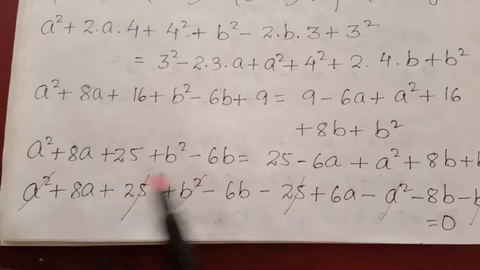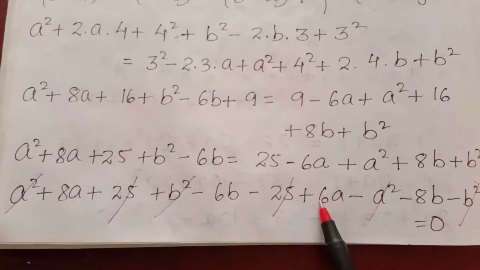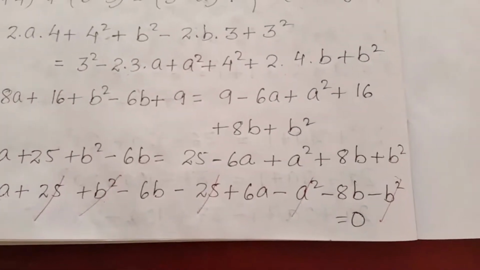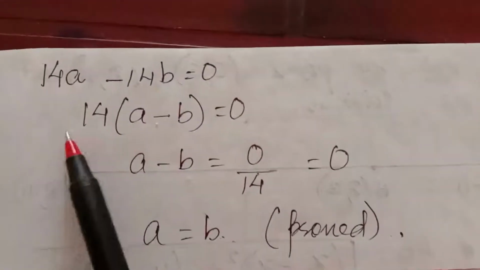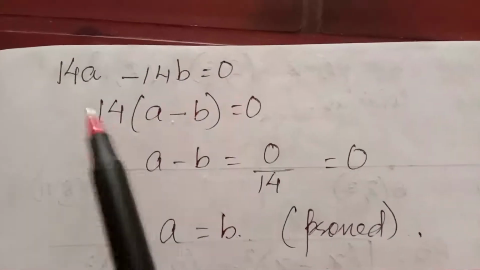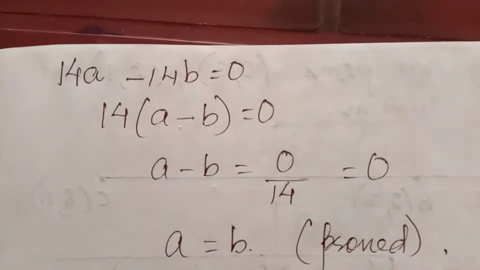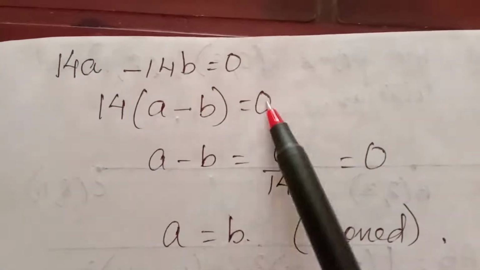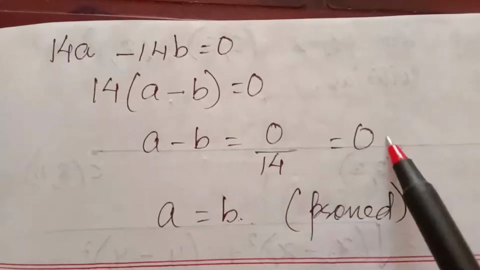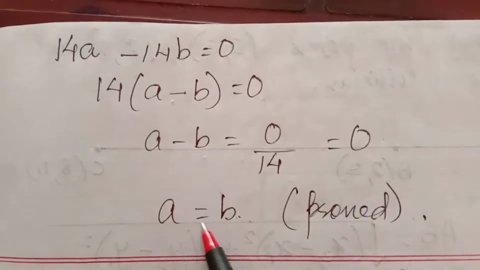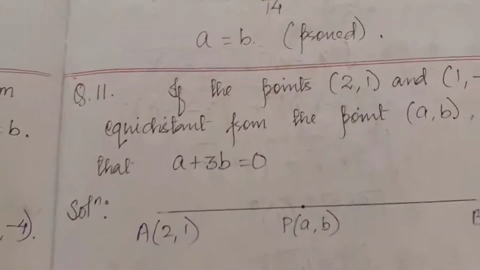Now we'll have 8 plus 6, 14a, minus 6b minus 8b, minus 14b. Now 14a minus 14b is equal to 0. Take 14 common so that a minus b is equal to 0. So a minus b is equal to 0 divided by 14, which is 0. Now minus b will become plus b on the right hand side. a is equal to b, proved.